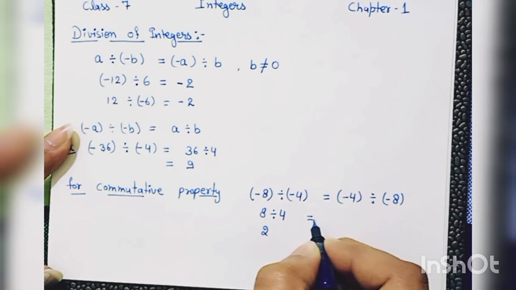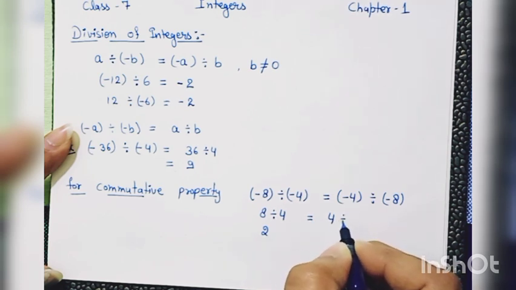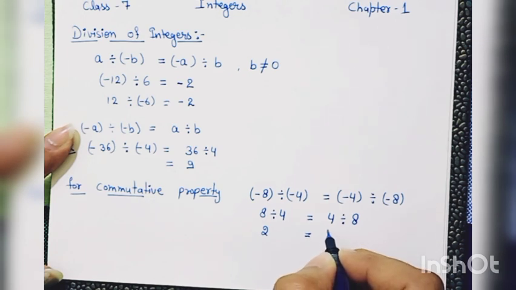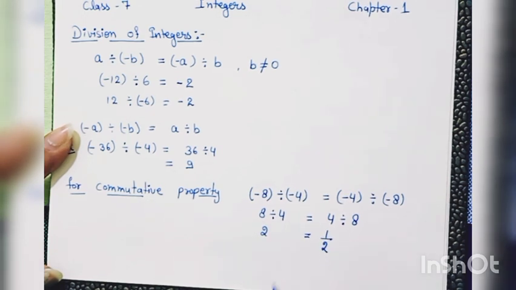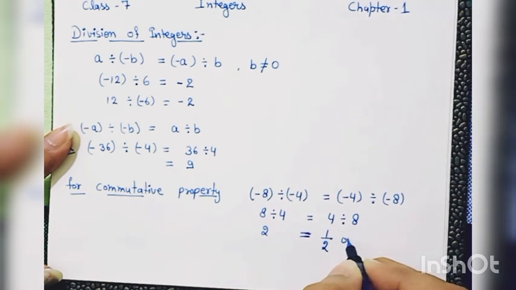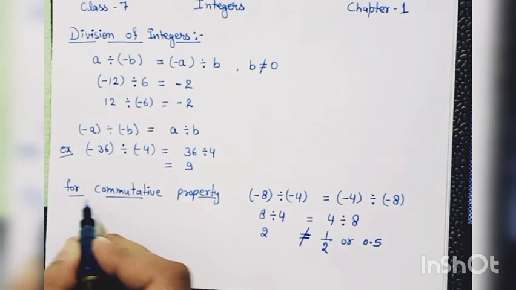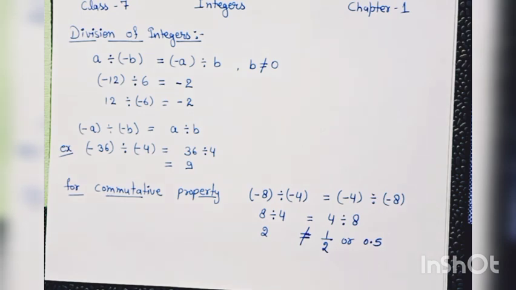On the other side, both the signs will cancel out and the number will be 4 divided by 8, but here the answer will be 1 divided by 2, or we can write it as 0.5. Both are not equal. It simply means that division does not show the commutative property.